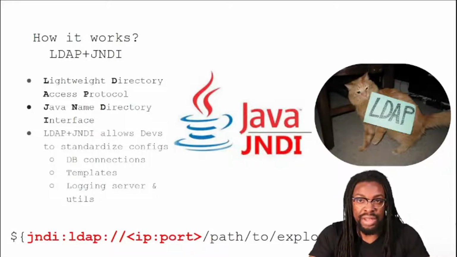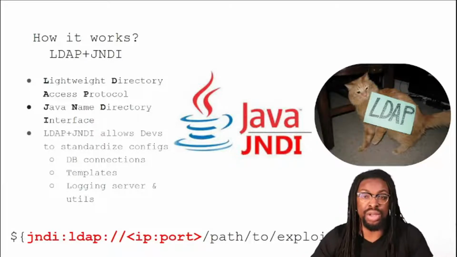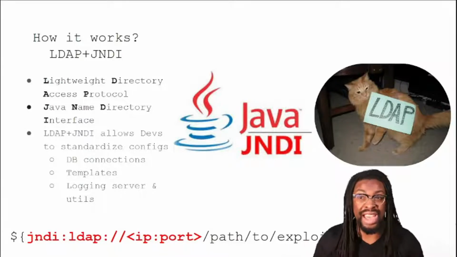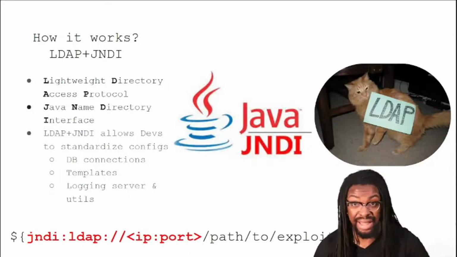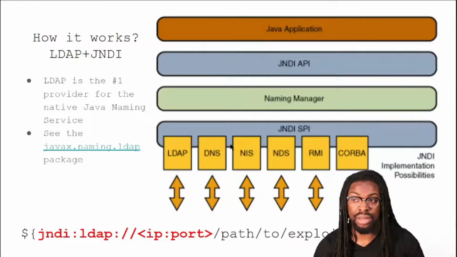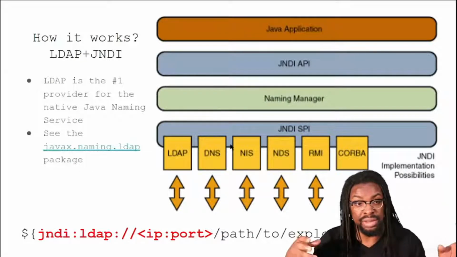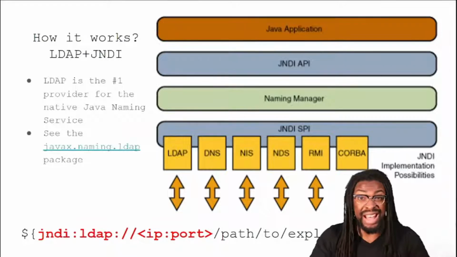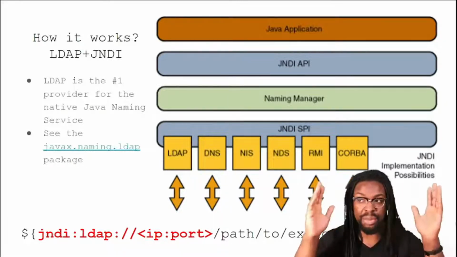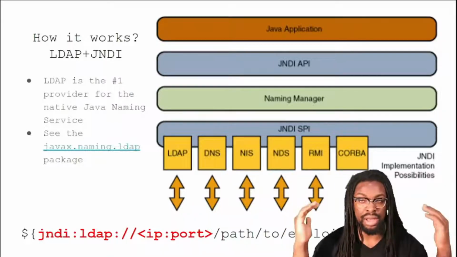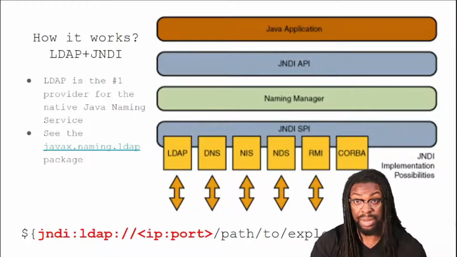You kind of want to have that code easily be reused throughout multiple projects, and the combination of these two, both LDAP and JNDI, helps facilitate that functionality. And so, just to dive deeper into the weeds, LDAP is the number one provider for the JNDI SPI, so you've got your Java application globally, and then the JNDI API and the naming manager.